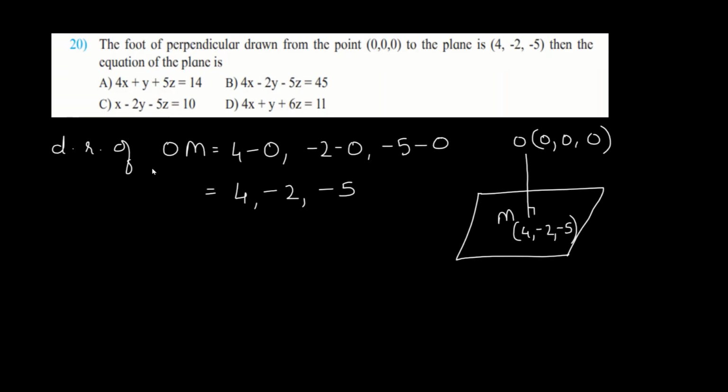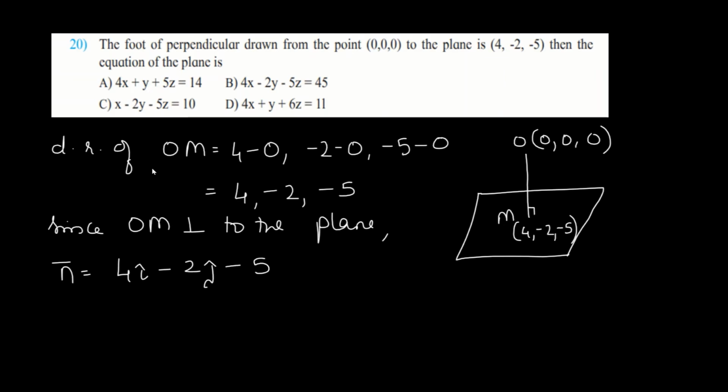These are the direction ratios of OM. Now, since OM is perpendicular to the plane, we have the normal to the plane, that is n bar, which is given by 4i minus 2j minus 5k. This is the value of the normal to the plane.